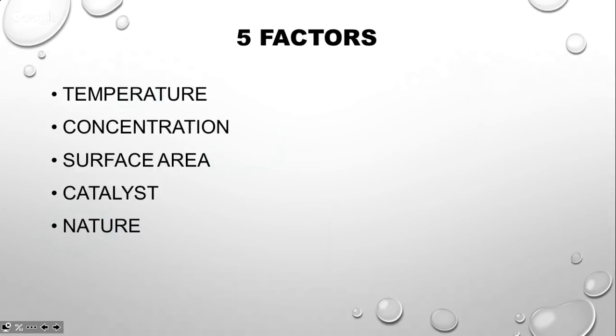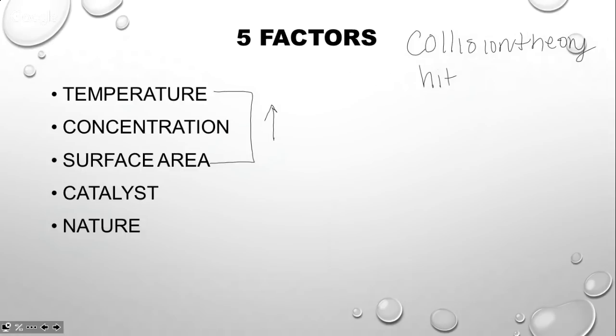The 5 factors that affect the rate of a chemical reaction are temperature, concentration, surface area, catalyst, and nature. Remember that increasing temperature, concentration, and surface area, if we increase these, we increase the rate of a chemical reaction because we increase the number of effective collisions. Remember that based on collision theory, reacting molecules must hit or collide with each other.